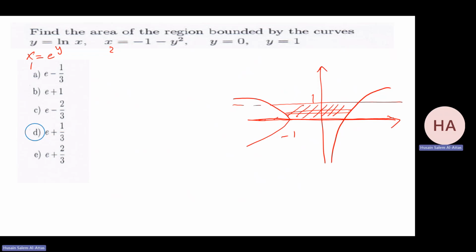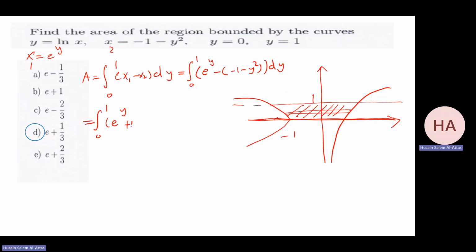So the area will be the integral from 0 to 1 of x1 minus x2 dy, which is e^y minus (minus 1 minus y squared) dy. That will be the integral from 0 to 1 of e^y plus 1 plus y squared dy.